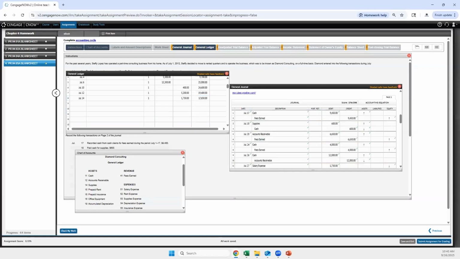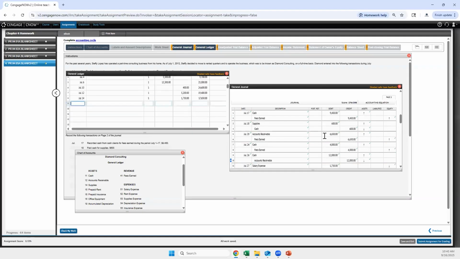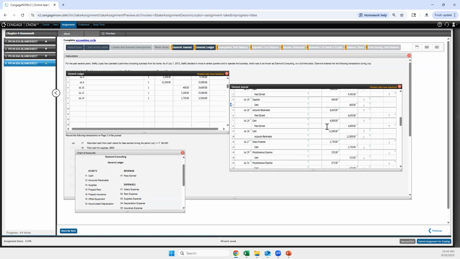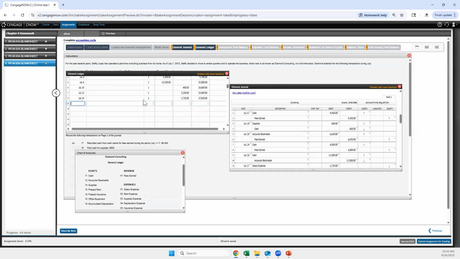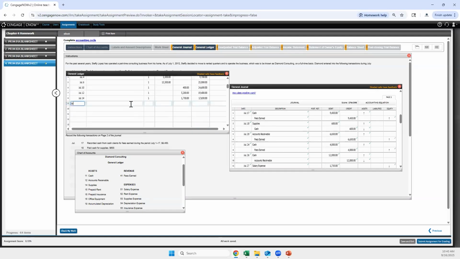So now from this point on, all of our posting references will be 2. Oh, and then we have to remember the post ref for this. So cash, July 17th, posting ref 2, a debit of 9,450.